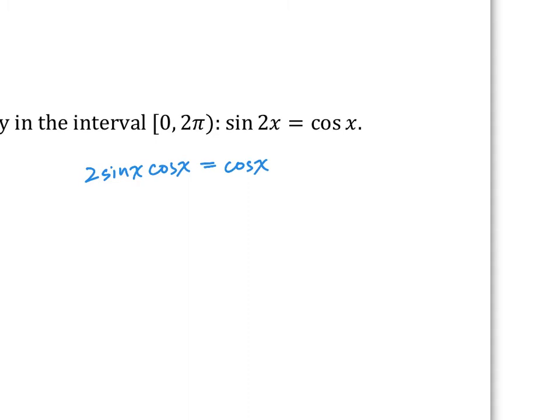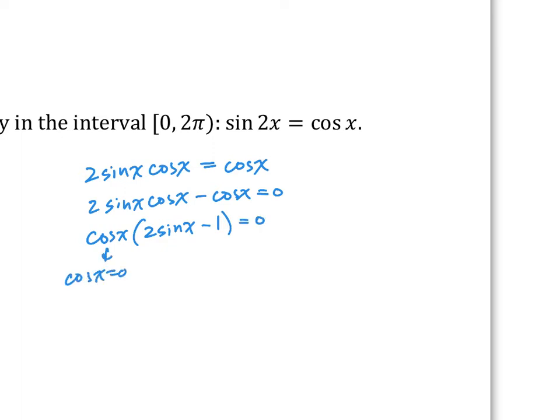So what we're going to do now is set it equal to 0. And then I can see that cosine is repeating, so I'm going to factor out the cosine, and then set each part equal to 0. Okay, and then that means sine x is equal to 1/2.